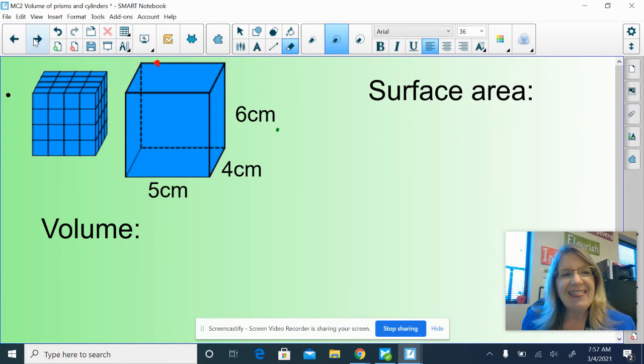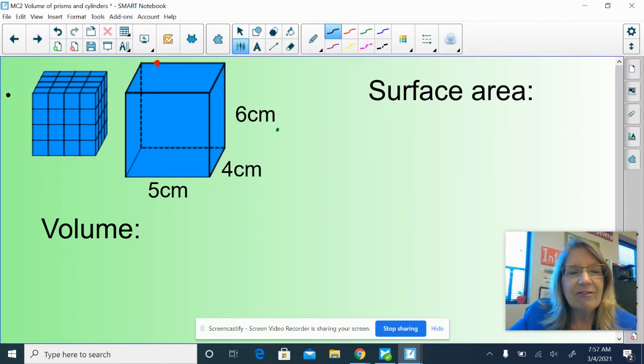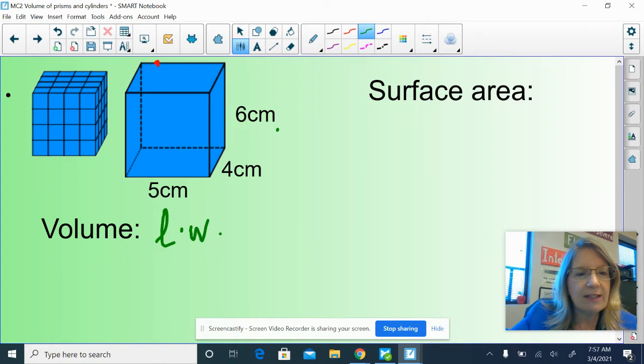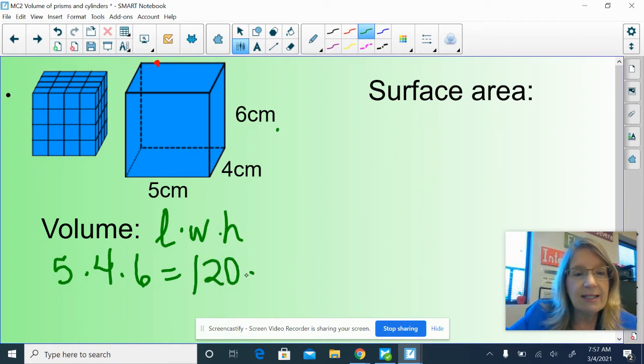All right, I think you remember this one from elementary school, that volume is always length times width times height. So here we would do 5 times 4 times 6. And let's see, 5 times 4 is 20, times 6 would be 120 centimeters cubed.